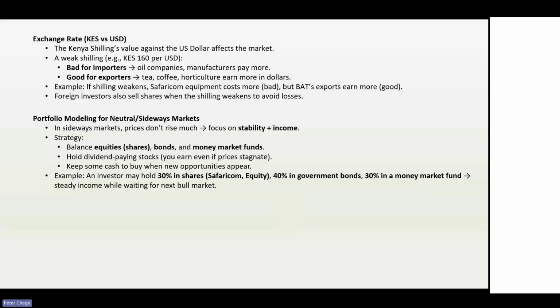Dividend stocks, never sell them, because you will earn whether the price goes up or down. Dividend you still get as long as the company is making profit. And always have some cash ready. When opportunity comes and prices are lower, hit the market. And when you hit, wait for the next bull market. When prices go up, you can exit if you're looking for capital gains.